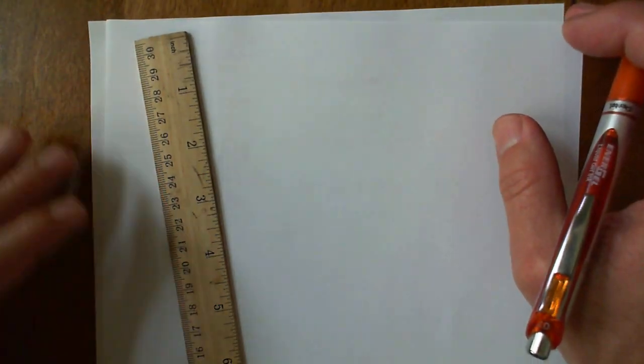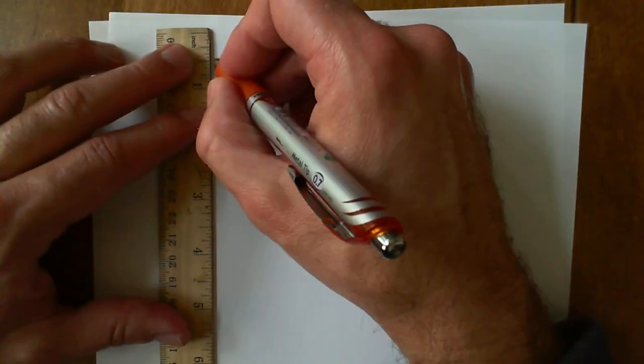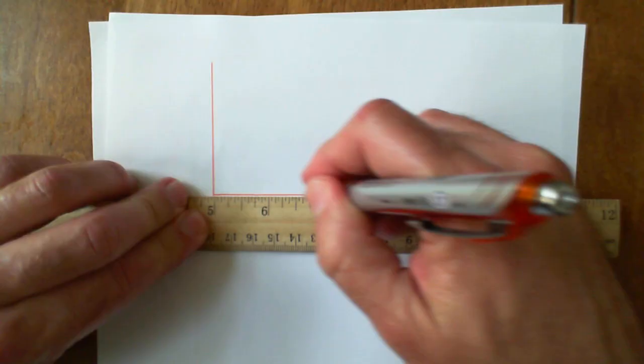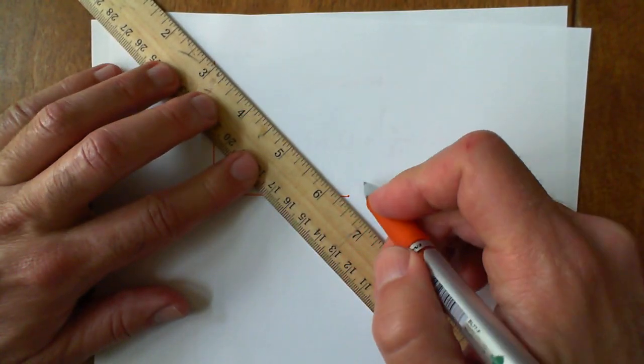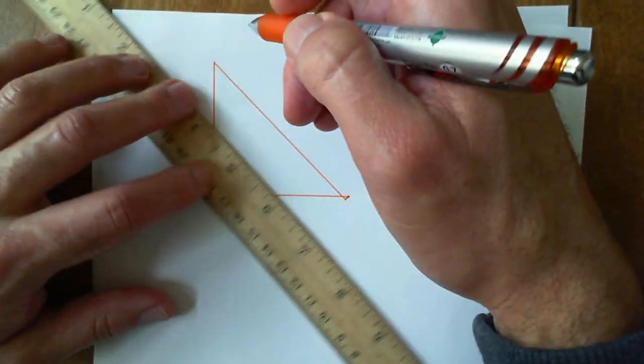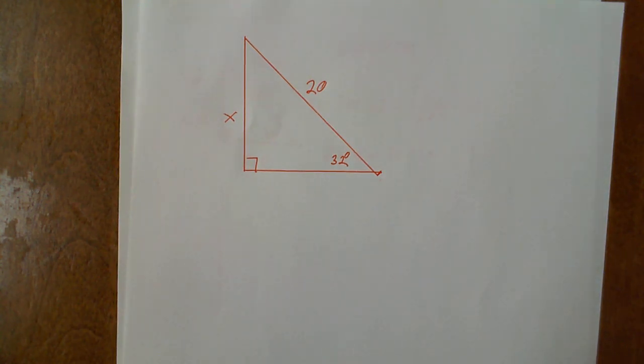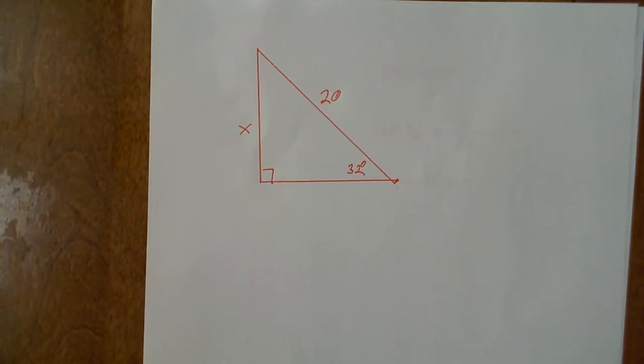Let's just review sine, right? Remember, use sine to find the missing length of a right triangle given an angle. Here is my right triangle, and I asked you to solve for x.